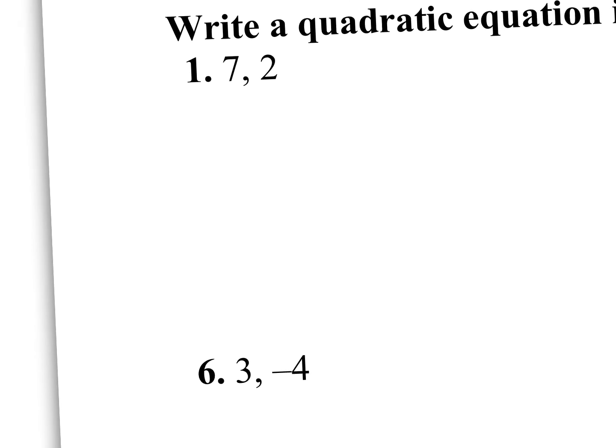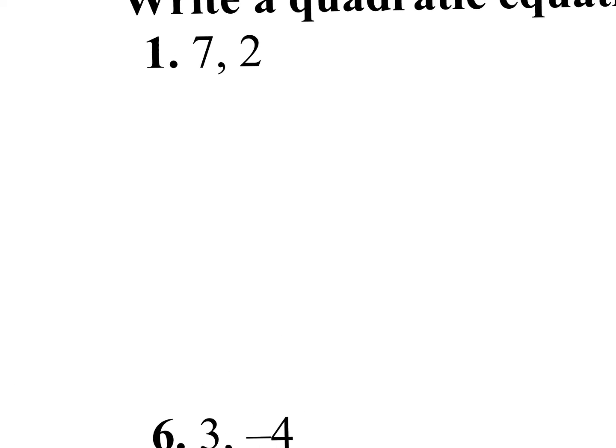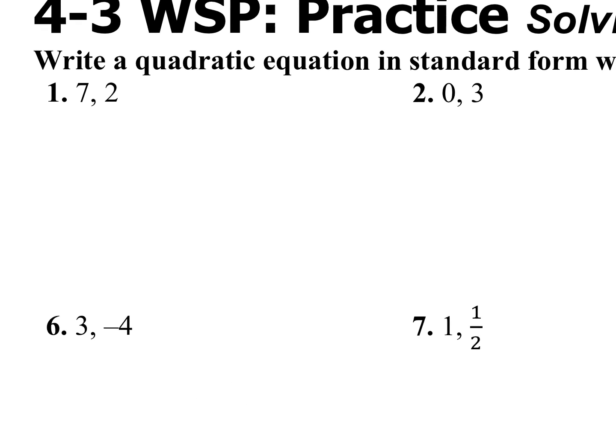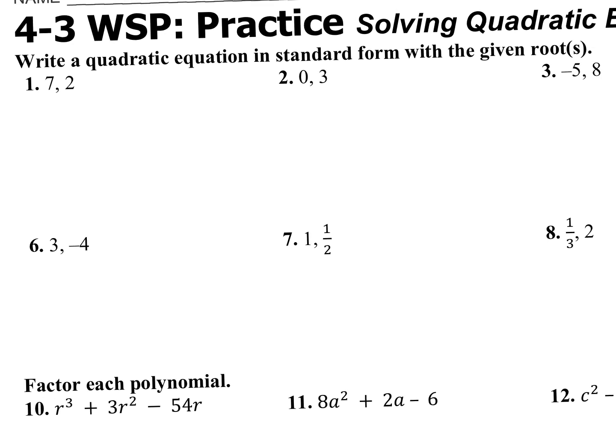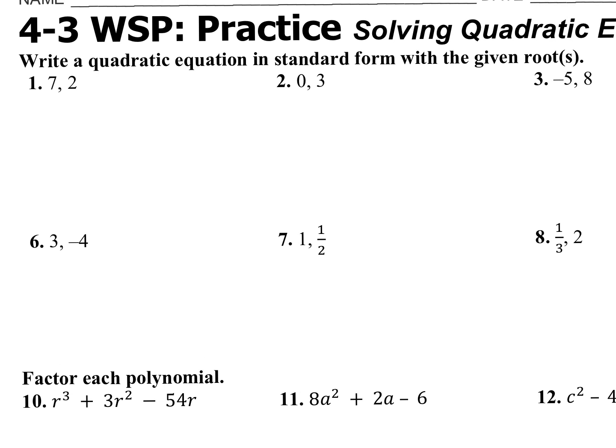But let's take a look at number 1, for example. Let's check out those instructions. It says, write a quadratic equation in standard form with the given roots. We know from last week that the word roots, what does that mean? Answers, the zeros, the solutions, right? The x-intercepts.